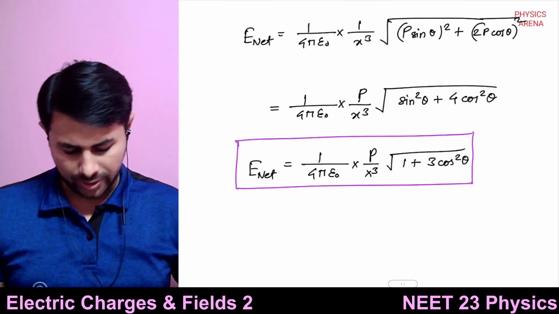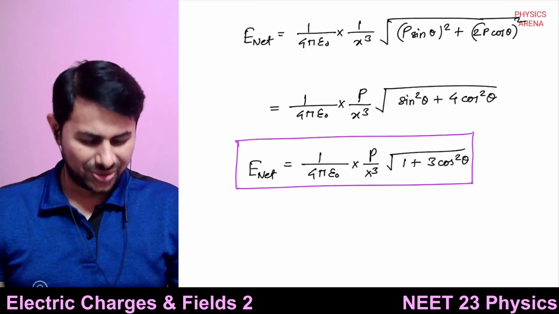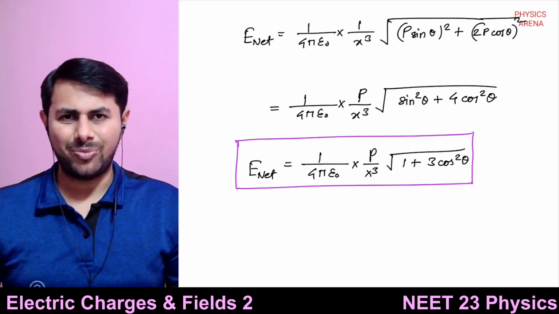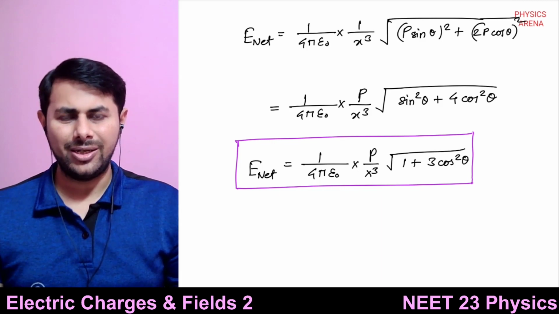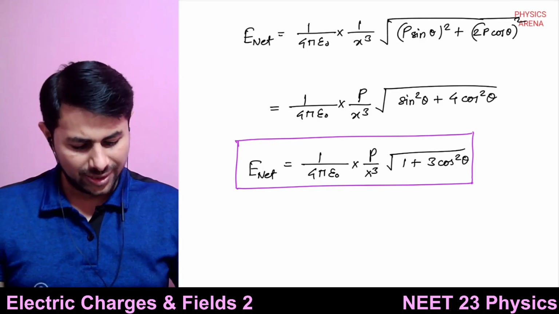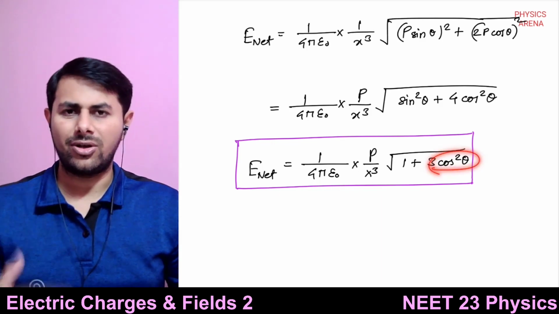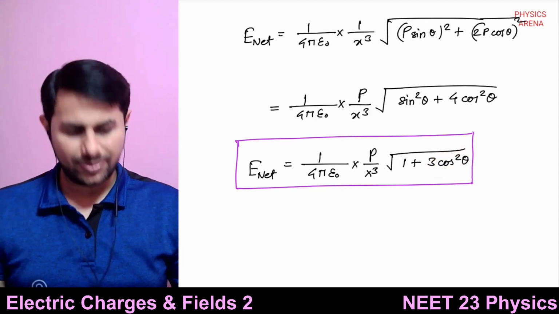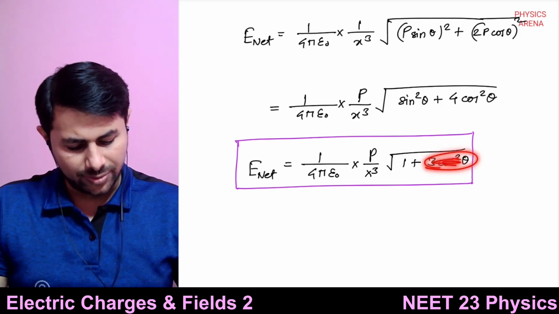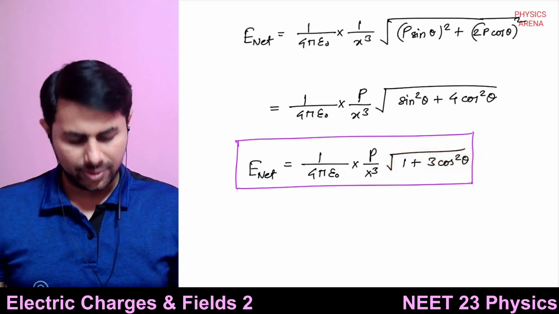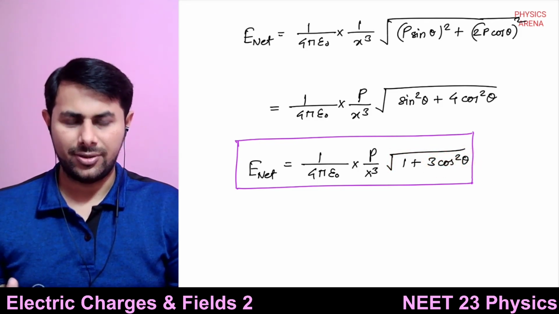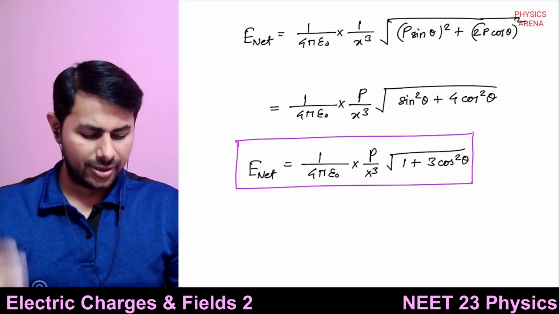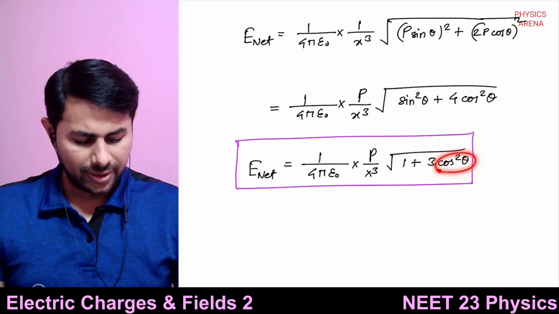So let's check whether this formula is correct or not. So for an equatorial point, what would be theta? Theta would be 90 degrees, right? So what is cos of 90? Cos of 90 is 0. So this thing will be 0. Square root of 1 is 1. So see, we get back the formula for E equator. Okay, it is 1 upon 4 pi epsilon naught P upon x cube, right?